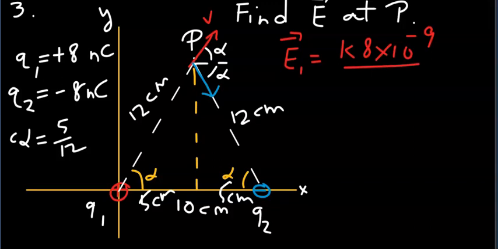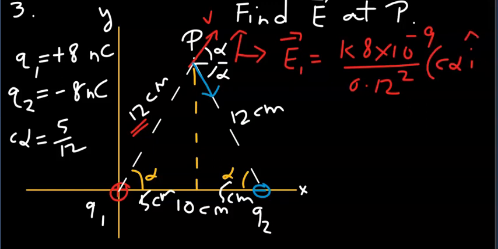And we divide that by the distance from the charge to the point of observation, 0.12 meter squared. Note it has positive x component and positive y component, which we can calculate. The x component is cosine alpha i hat, and the y component is sine alpha j hat. Alpha is given by this expression.